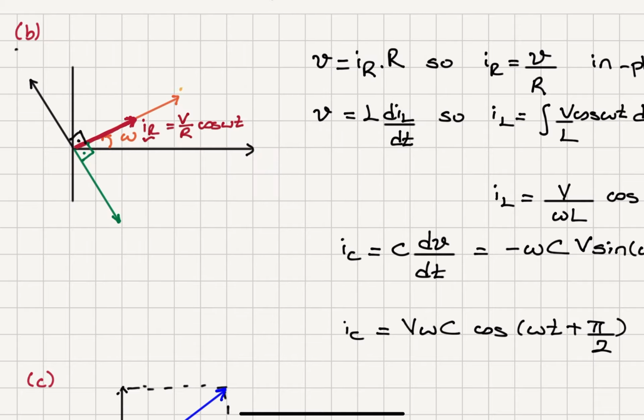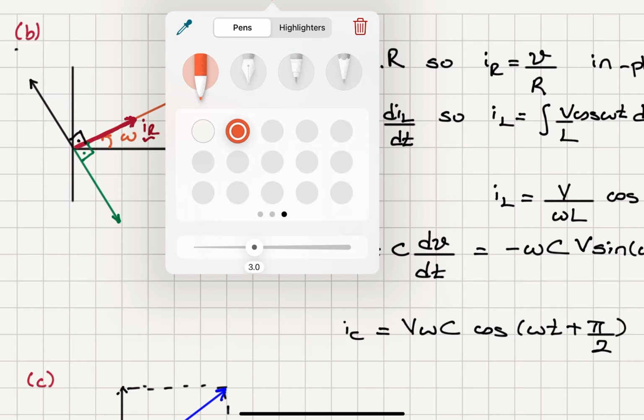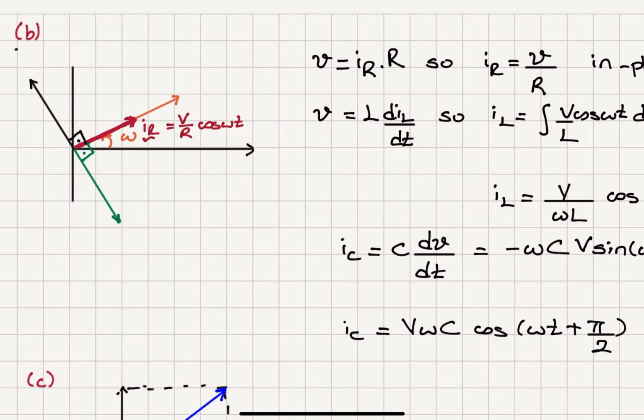voltage V, let's pick this color here. Okay, so this is V, the voltage phasor V, that is capital V cosine omega t.